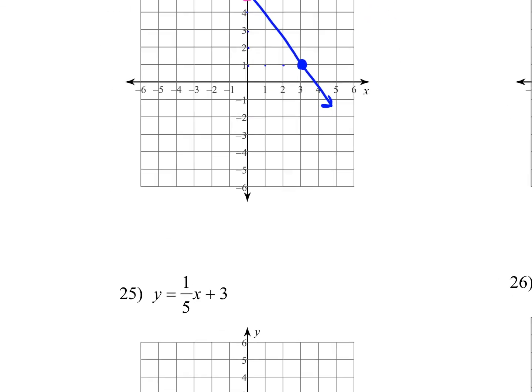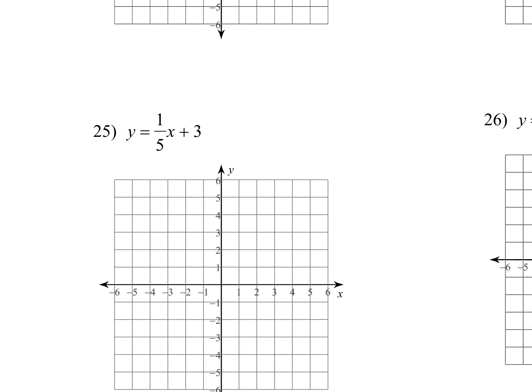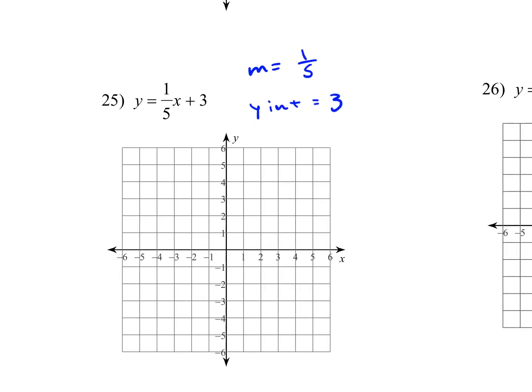All right, 25. What's my slope? One over 5. What's my y-intercept? 3. What do I put first on my graph? 3. Where do I go? Up, down, left, right? Where am I going 3?